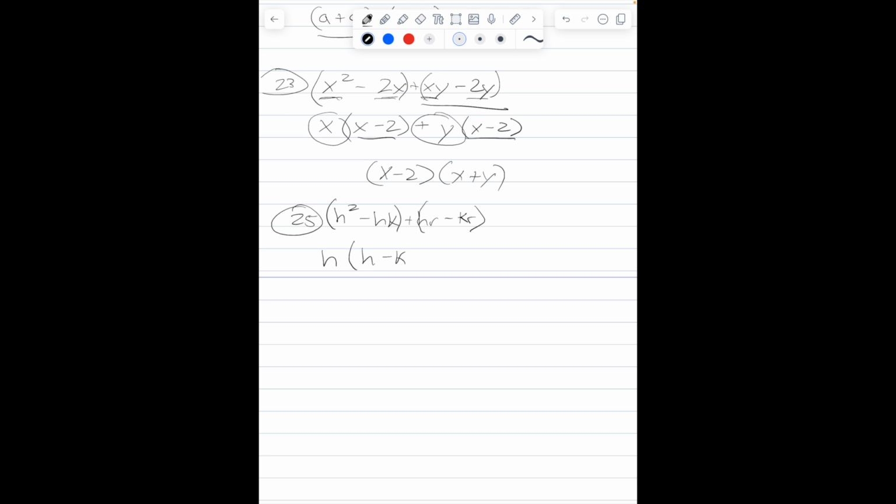Hk divided by h is k. Plus, looks like we've got an r in common here, so I can take an r out. I've divided by r, I'm left with h minus k. And again, h minus k is a common factor. That being the case, I'm left with h plus r times h minus k.